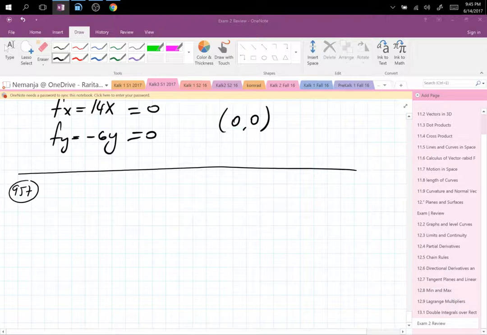So what we have is a minimum distance to a surface, which means that our objective function would be the distance formula. We have a surface which gives us our g of x, that's the constraint: 4x plus y minus 1 equals 0.